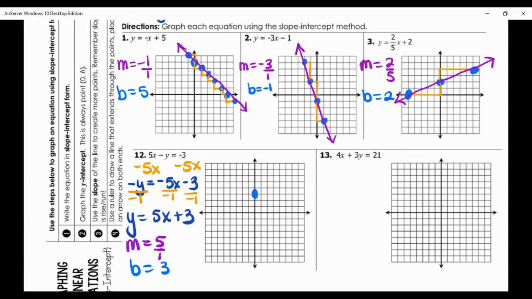So start with the y-intercept, and then graph your slope. So we're going to go up 5 units and to the right 1. We can also go down 5 and to the left 1 from the y-intercept.